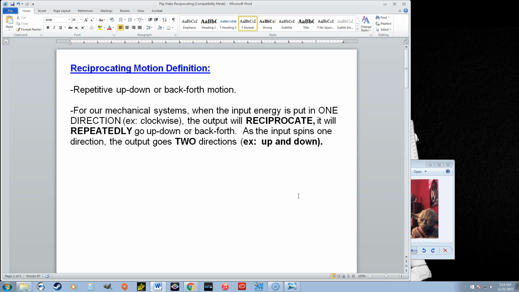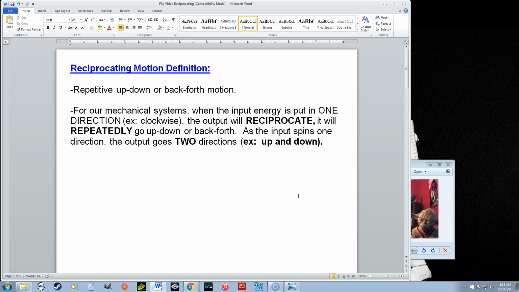Definition of reciprocating, here it is. A reciprocating motion is repetitive up and down or back and forth motion. For our mechanical systems, when the input energy is put in one direction, so for example, if you are spinning the input, the output will reciprocate.